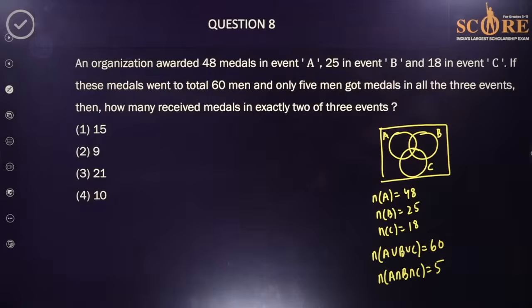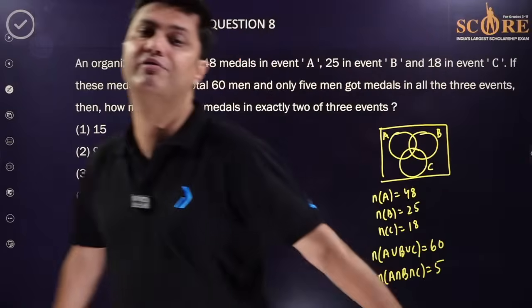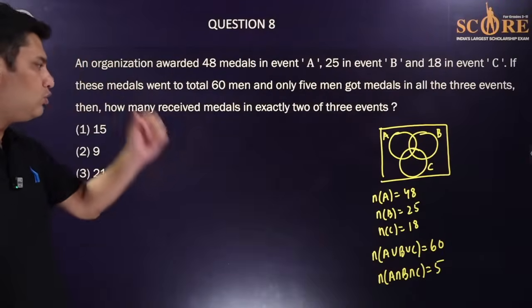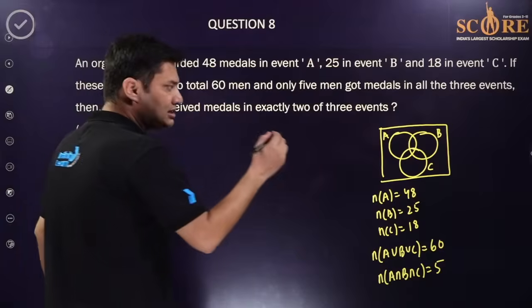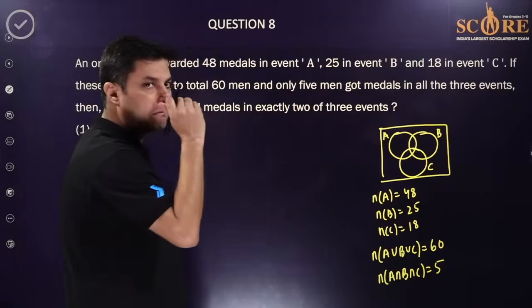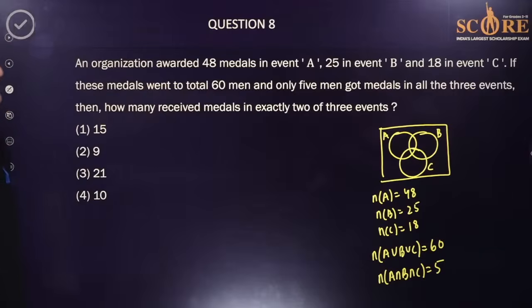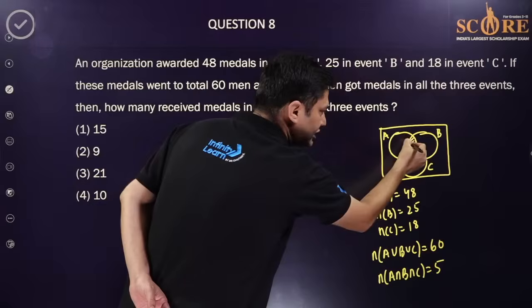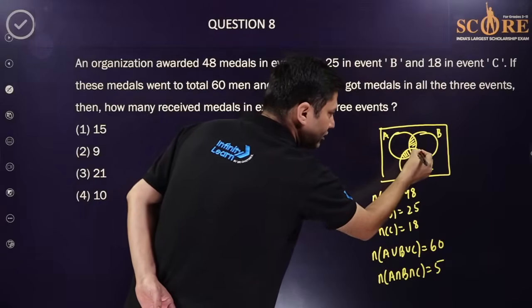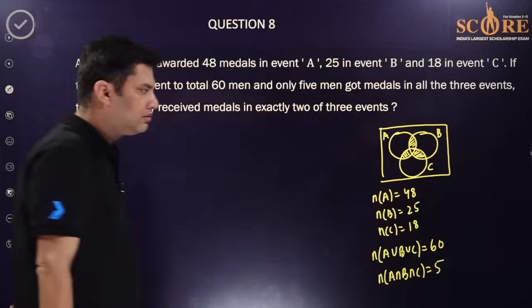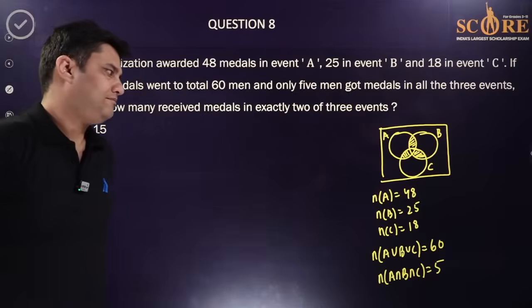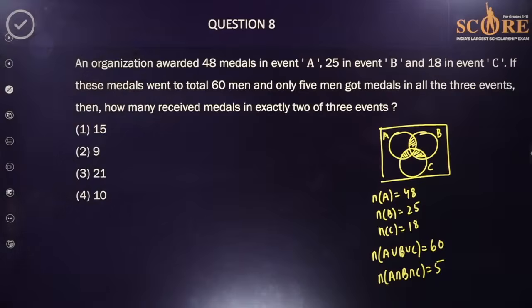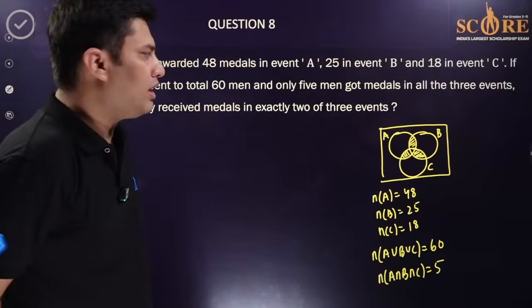Can you tell me how many received medals in exactly 2 of the 3 events? Exactly 2 means either this one or this one or this one. This is called exactly 2.